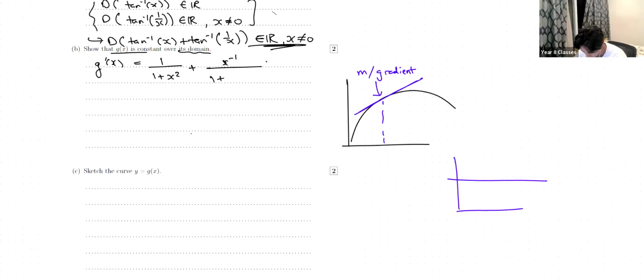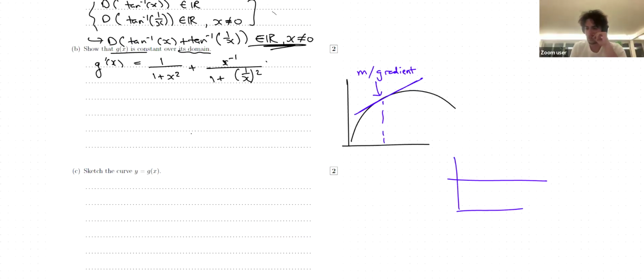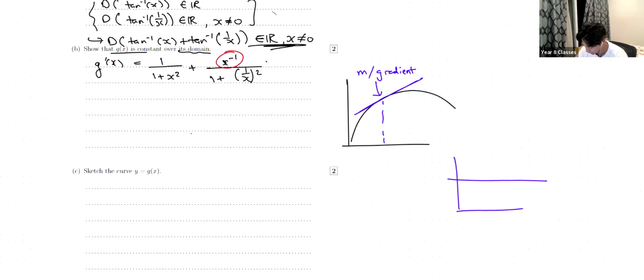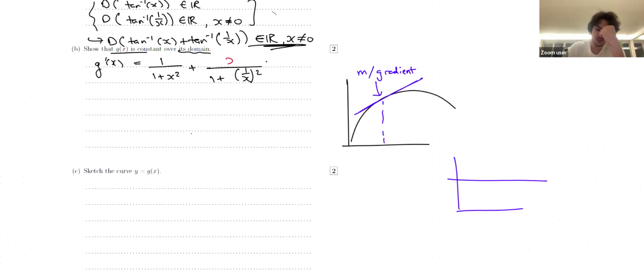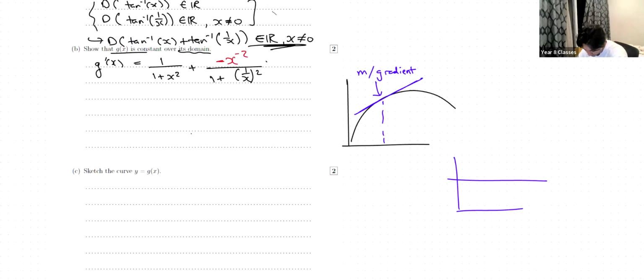Just to backtrack a little, think what this should be. Oh, no, x to the minus 2. It should be minus x to the minus 2. Okay, yep, this is correct. So let's continue from here.